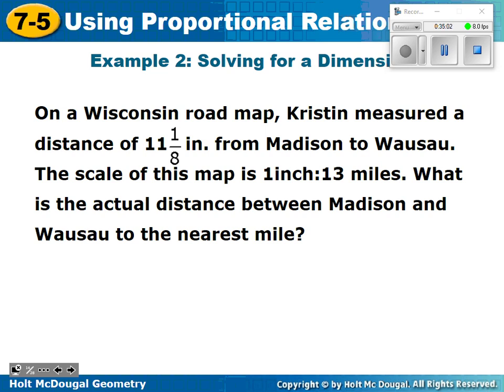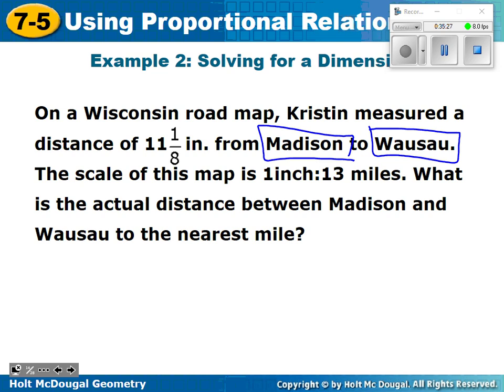So yeah, back in the day, this is what this problem is going to ask you to think. Way back in the day. On a Wisconsin road map, Kristen measured a distance of 11 1/8 inches from Madison to Wausau. I don't know how you really say that. She took the map and said, I've got these two locations and I want to figure out how far apart they are.